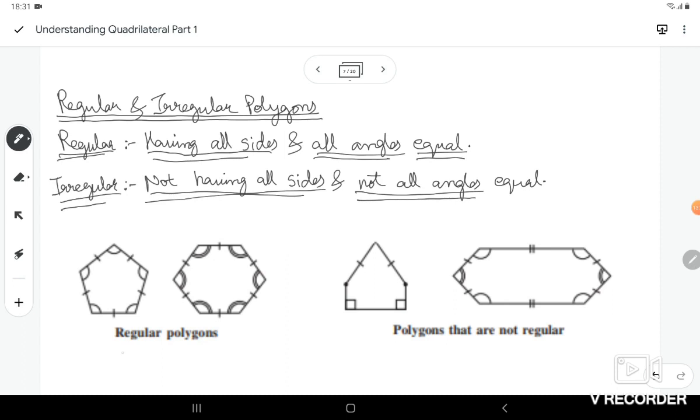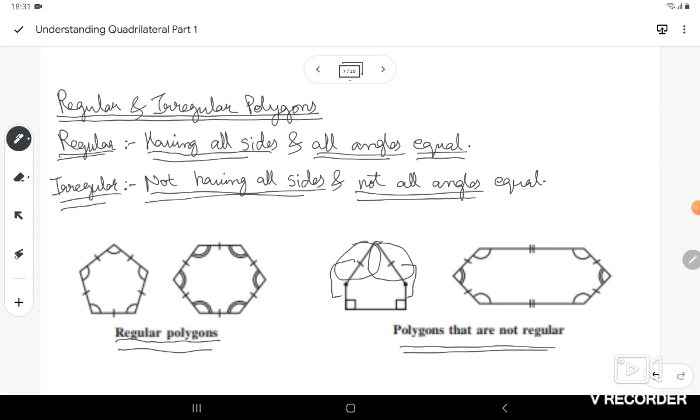You can clearly see from the figure, in case of regular polygon, we have shown the figure of the regular pentagon as well as regular hexagon. Similarly, in case of polygons that are not regular, that is irregular, only one pair of sides are equal whereas the adjacent sides are not equal.